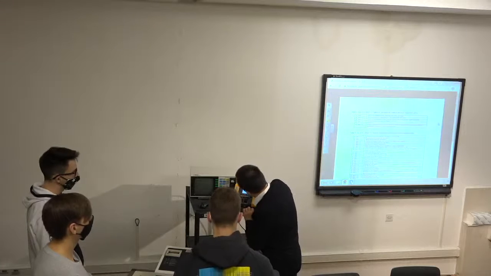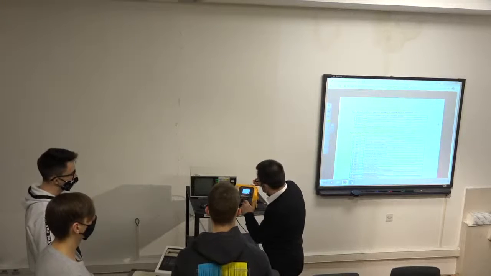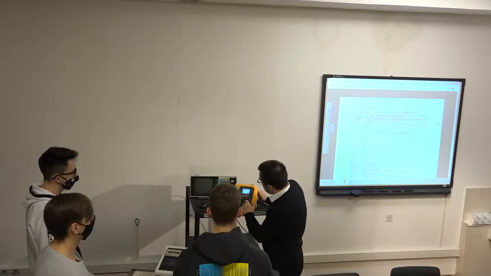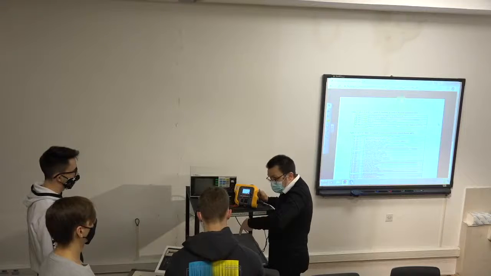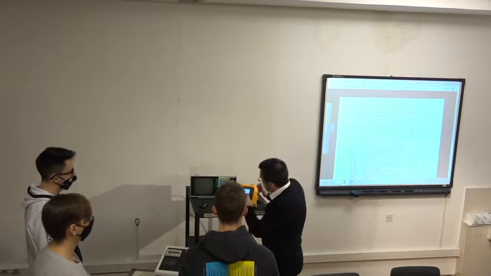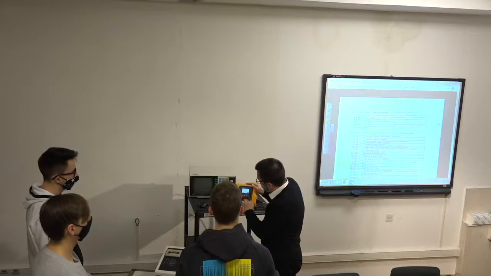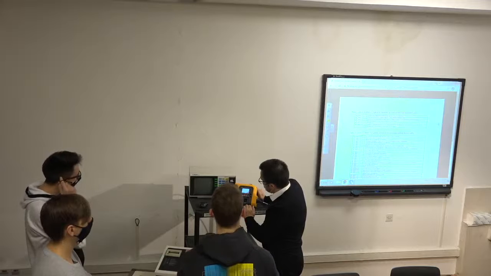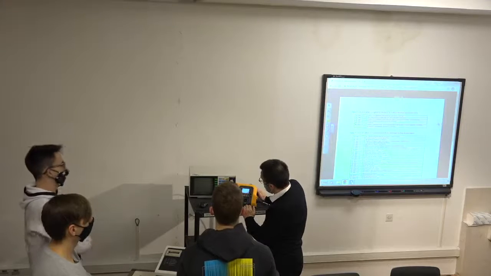And then let me see, what do we have here? Let me see with the polarity whether something changes. Yeah. So in case that we have the polarity, that's the polarity of the plug, in one direction it will be 1.2 or 1.3 microamps, in the other direction it will be more or less the same.